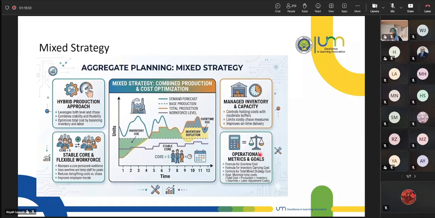But in MPS, we already take a look into our inventory positions, so we can predict in more detail how many pieces we will produce on each type of the product on each month when we already deduct the inventory. That's the difference between aggregate planning and MPS.